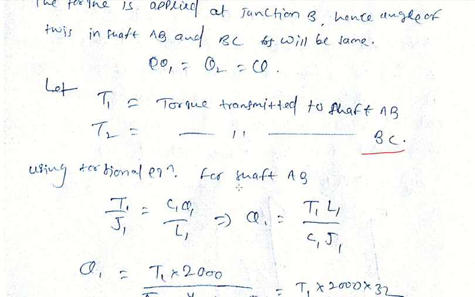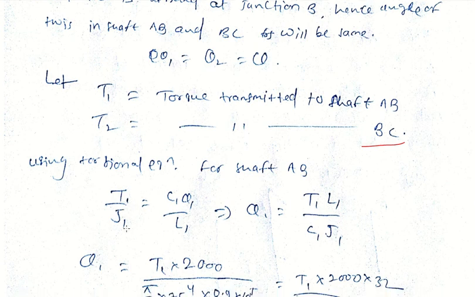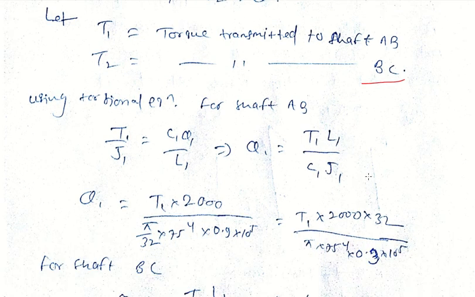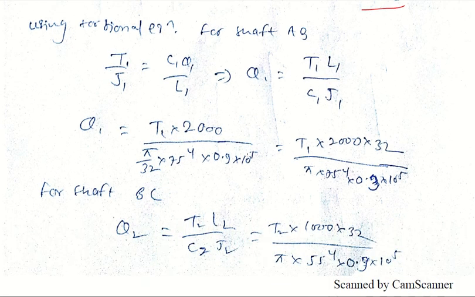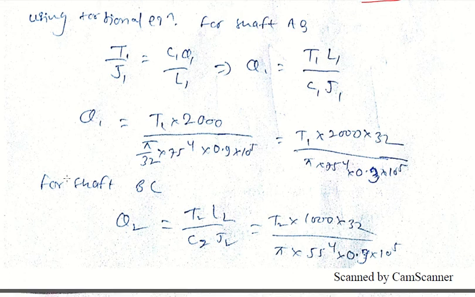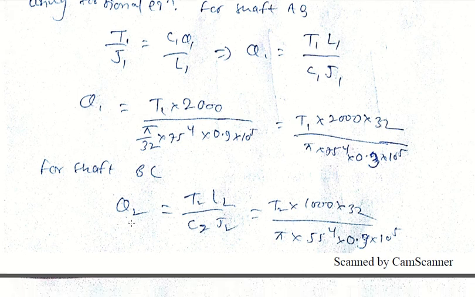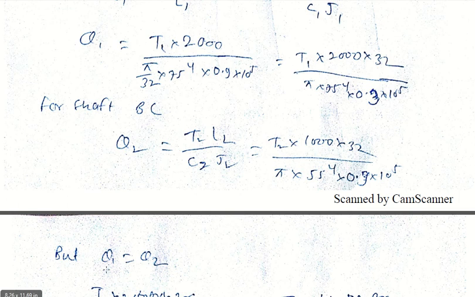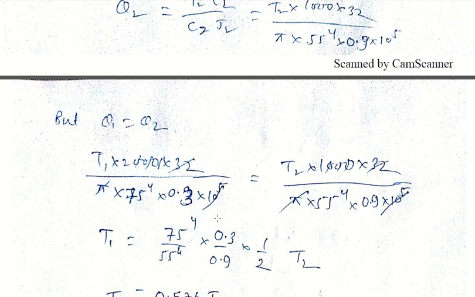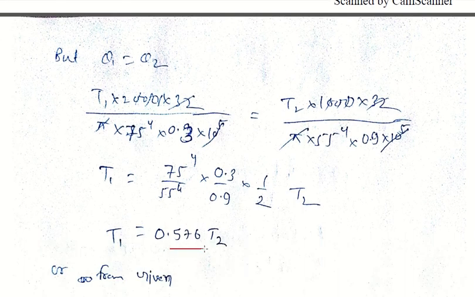From the torsional equation for shaft AB, T1 by J1 equals C1 theta 1 by L1, then theta 1 equals T1 L1 by C1 J1. Put the values of L, C and J, because T and theta are both unknown. For shaft BC, theta 2 equals T2 L2 by C2 J2. We know theta 1 equals theta 2 at the junction, so it will give the relation between T1 and T2. So T1 equals 0.576 T2.